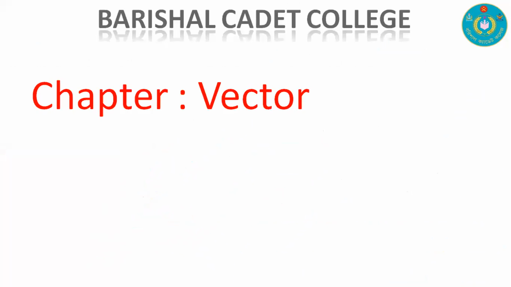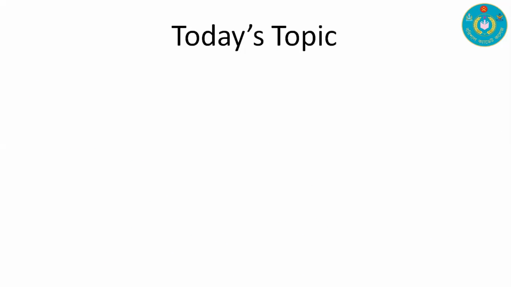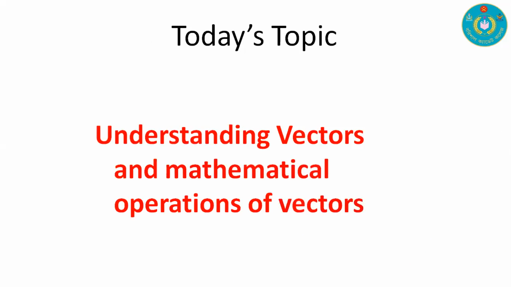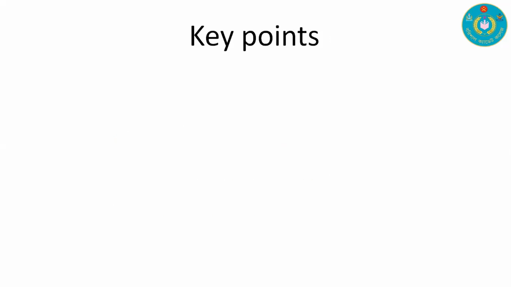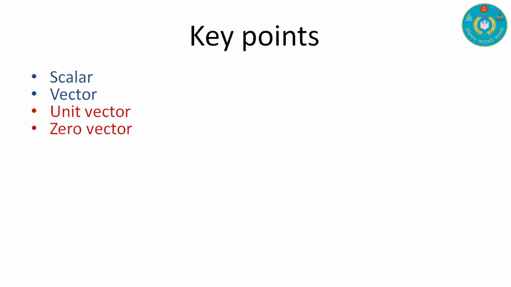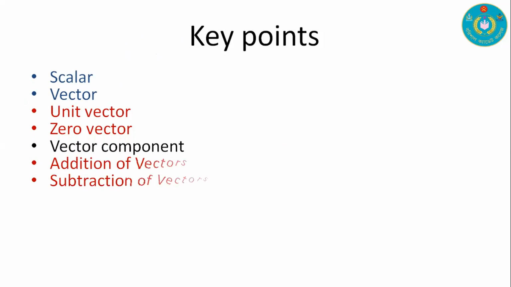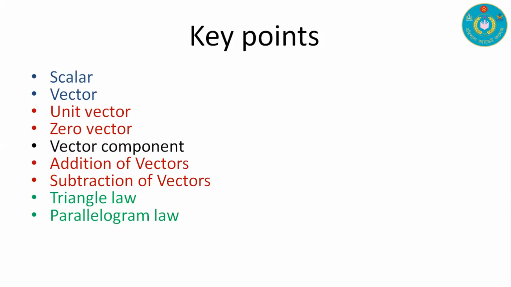We are going to discuss the chapter on vectors, and today's topic is understanding vectors and mathematical operations of vectors. Key points of this chapter are scalar, vector, unit vector, zero vector, vector component, addition of vectors, subtraction of vectors, triangle law, parallelogram law, and dot product.